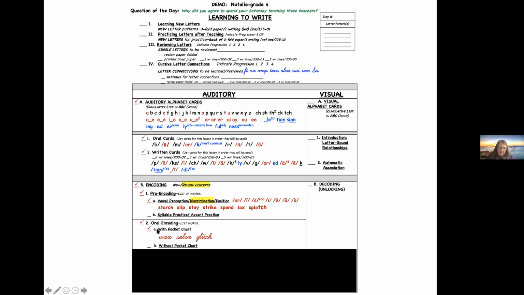Okay, so then in oral encoding, where they're not going to write it, except in the air, of course, and with the pocket chart, we did wax, solve, and glitch. Remember when we were looking at the phrases that didn't have words with affixes added? Those were three of the words I might have pointed out as possibilities for why I wanted to put them in phrases.